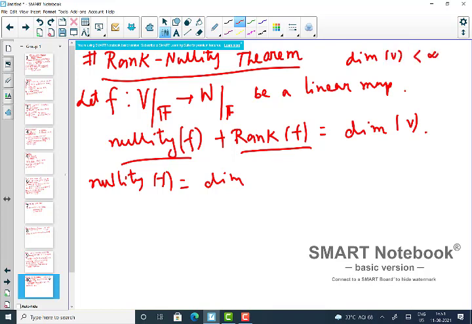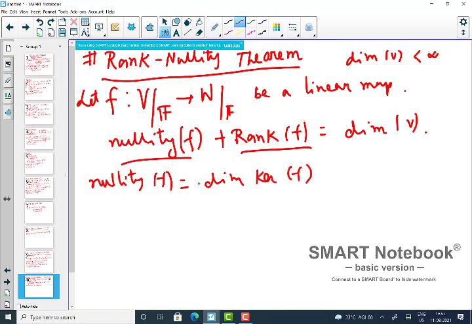If dimension of V is infinite, then it has no meaning actually. So at least one of nullity or rank will be infinite. So I'm assuming it's finite, and hence the kernel of f, which is a subspace of V, is also finite dimensional, because a subspace of a finite dimensional vector space is also finite, and you can talk about the dimension of the kernel of f.